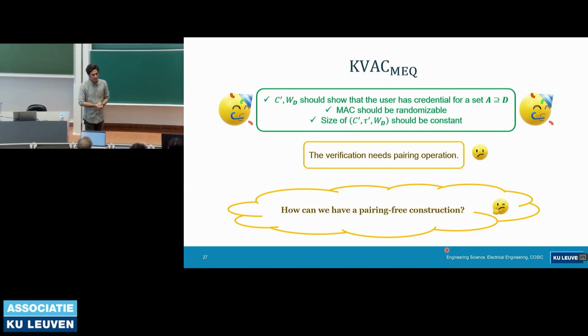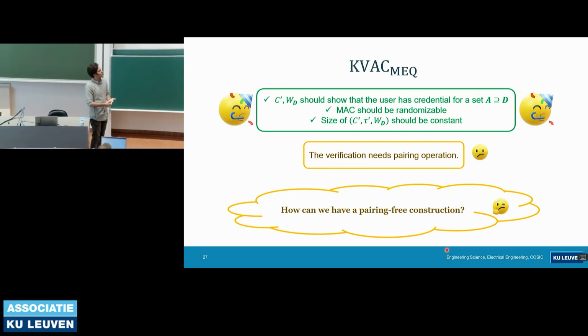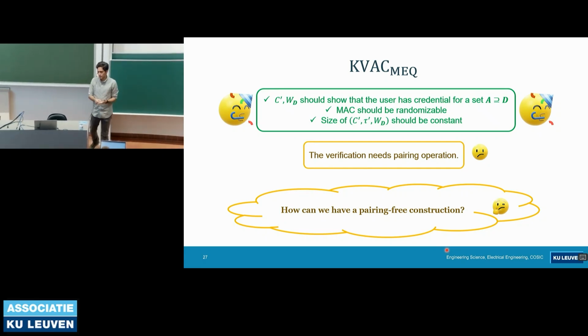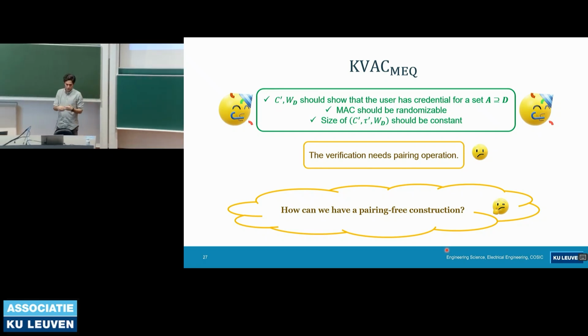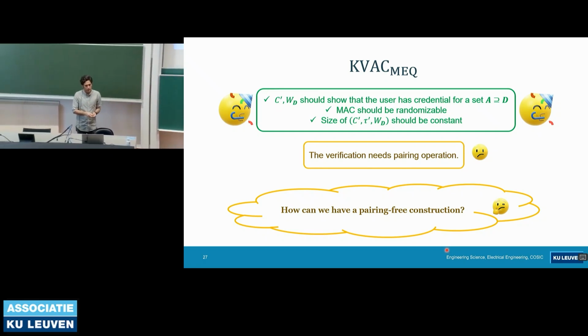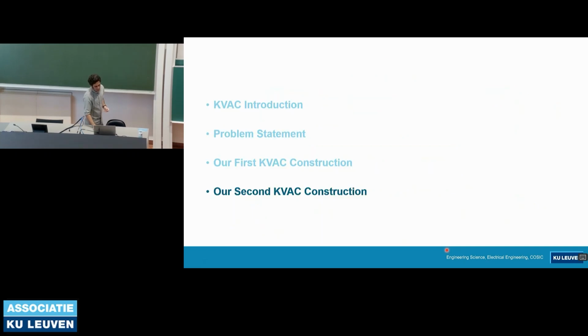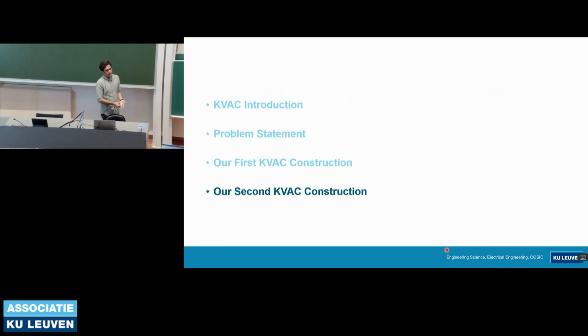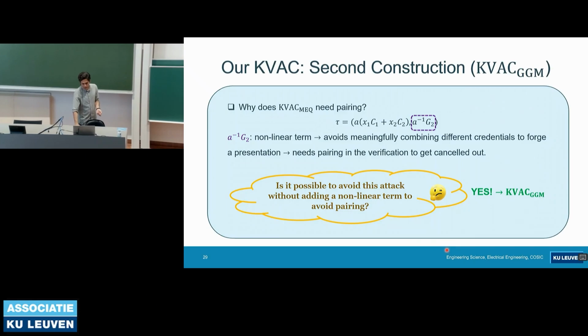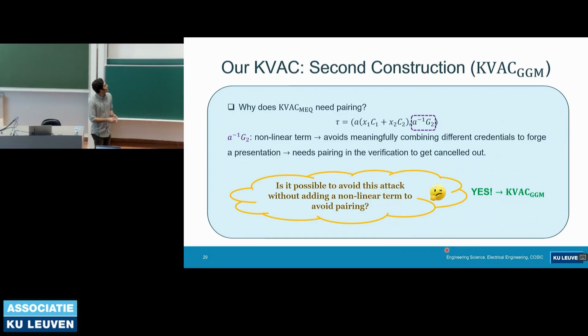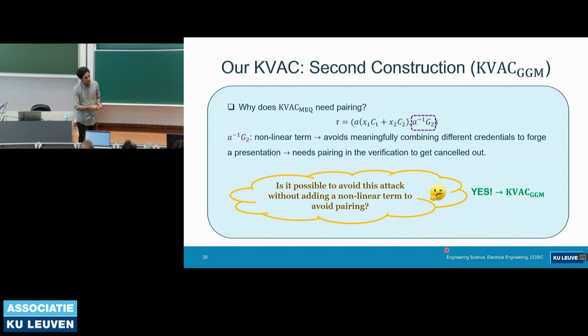But there is something wrong with this construction, which is that the verification needs a pairing operation. So we wanted to look into how we can do it without any pairing needed in the verification phase. And this leads us to our second construction. So first, in order to show you how we achieve this construction, let's talk about why we needed this pairing in the first place.